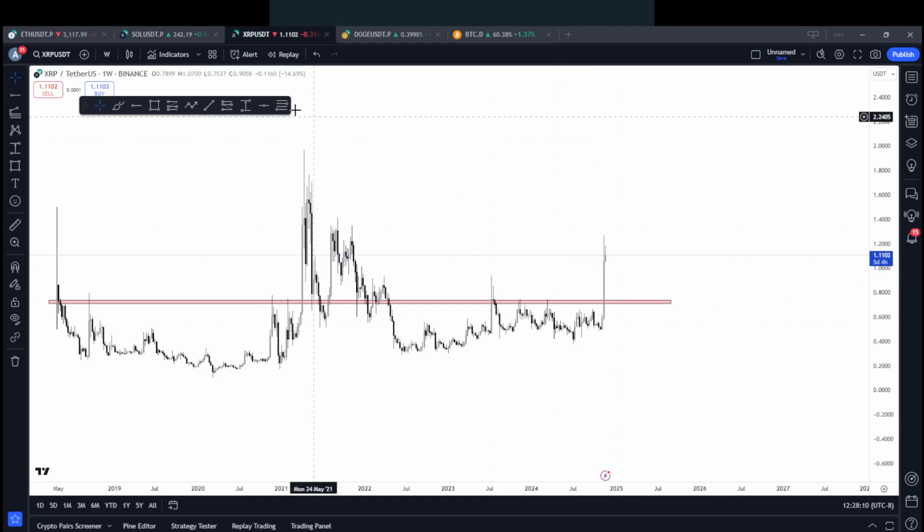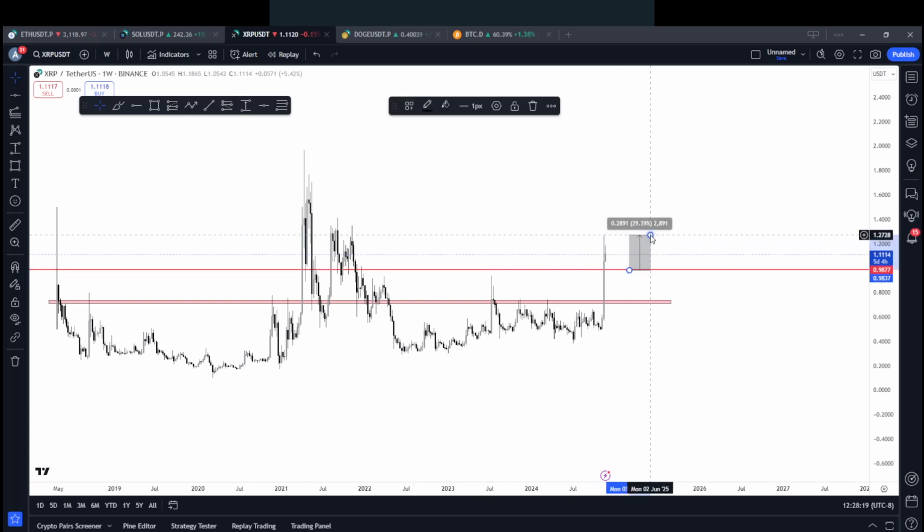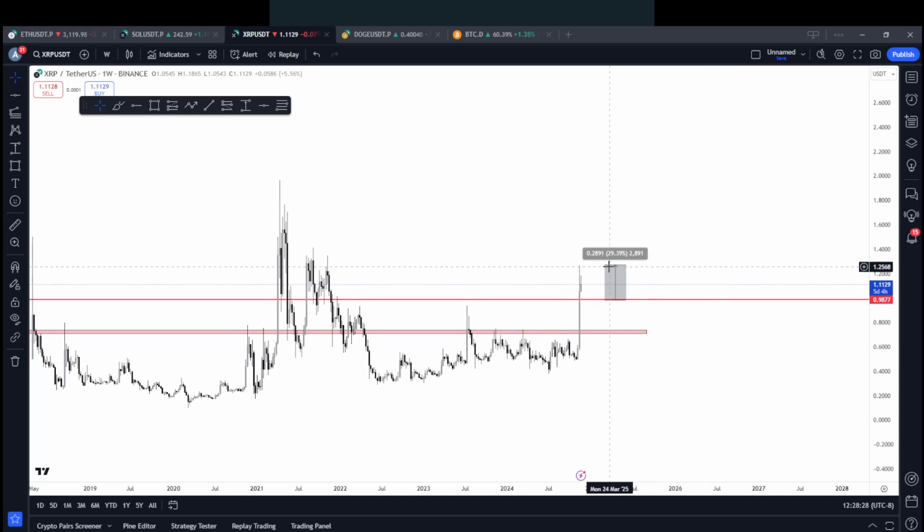Now imagine XRP doing this once a dollar breaks. It's going to just put in a monster candle. So that's why I'm raising my price targets to $1.20. Wait until retail actually starts buying this crap.